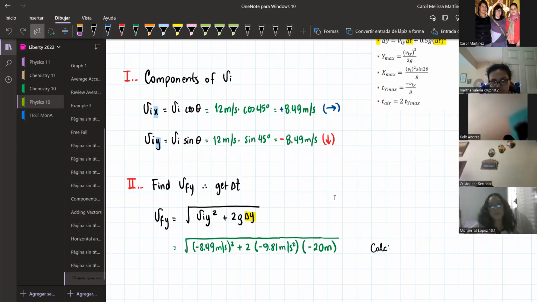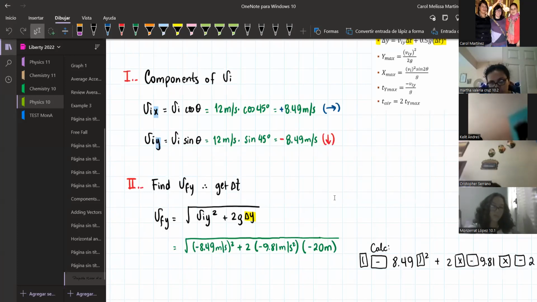You will start with the parentheses, then press minus 8.49, close parenthesis, square, plus 2, parentheses 1 times 2 times negative 9.81 times negative one more time and then 20.